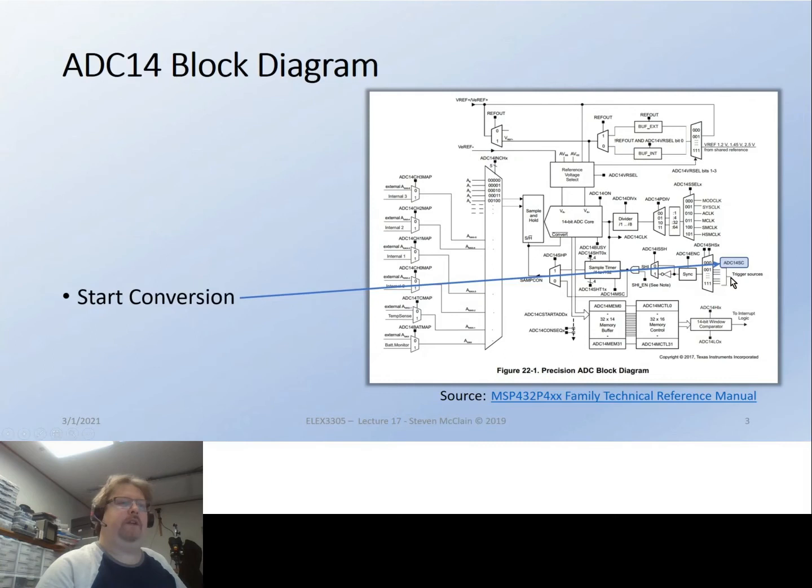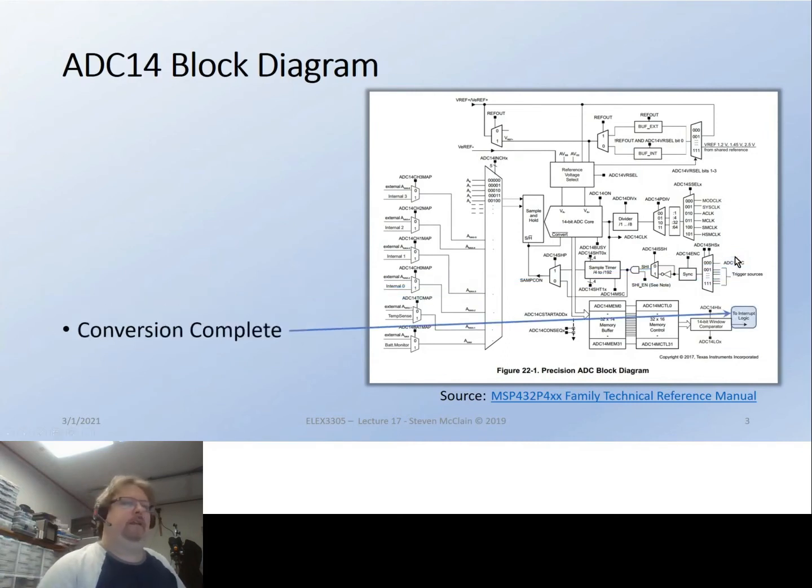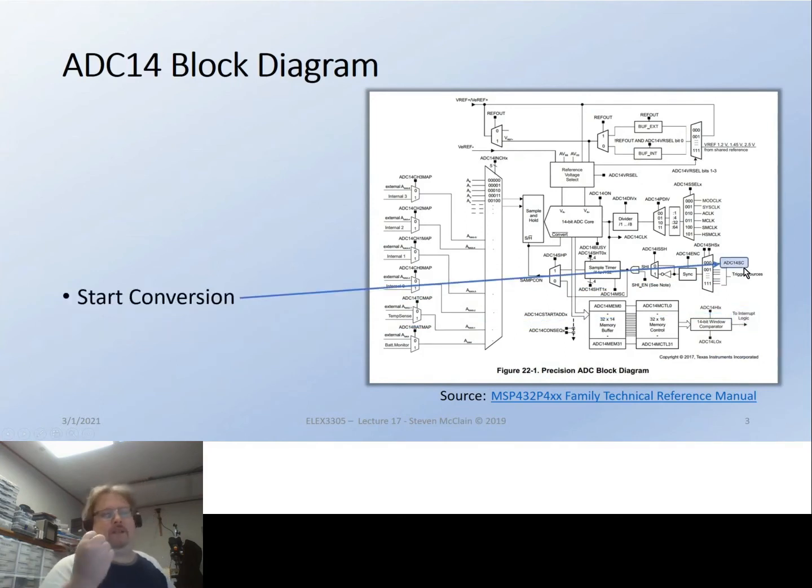These other trigger sources are timers and things like that, where you can have a timer do the start conversion, or this bit. That's like knocking over the first domino. But it remains off without that one activated.